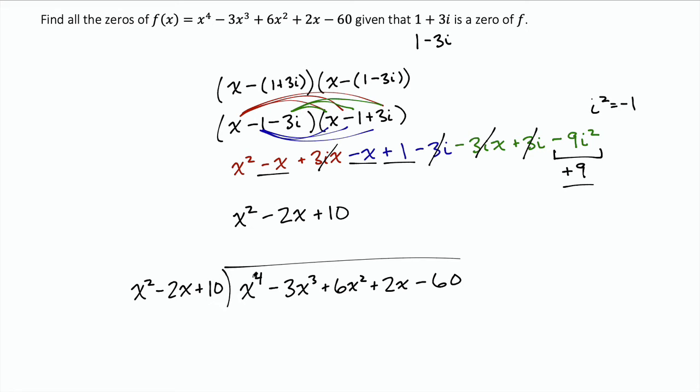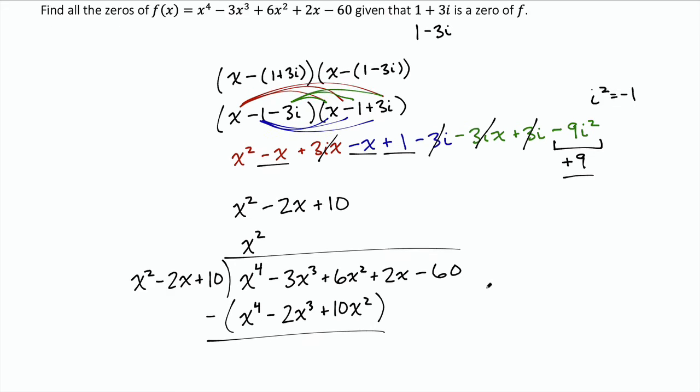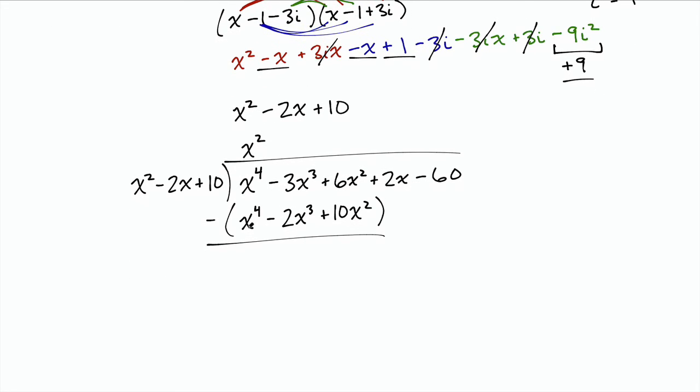We take x to the fourth and divide it by x squared. We get x squared. x squared times this entire divisor, we get x to the fourth minus 2x cubed plus 10x squared. We subtract. The x to the fourth term cancels.